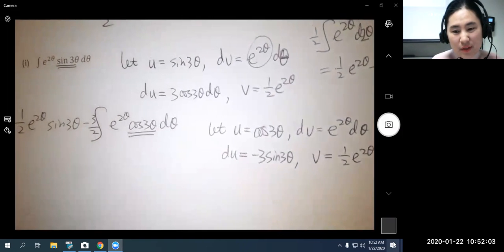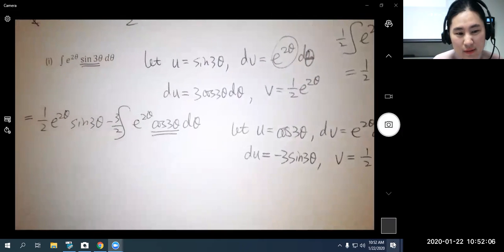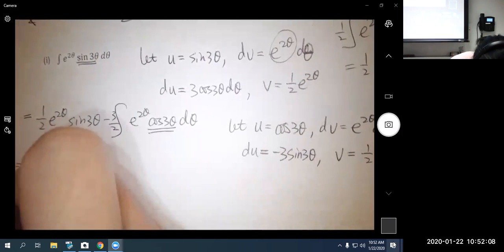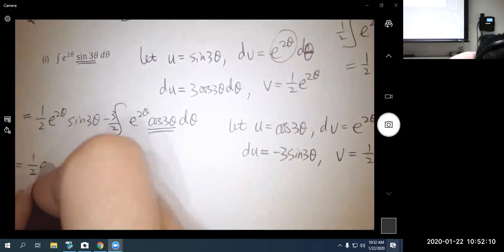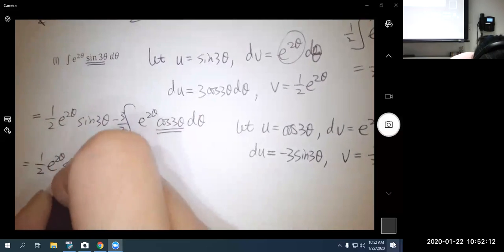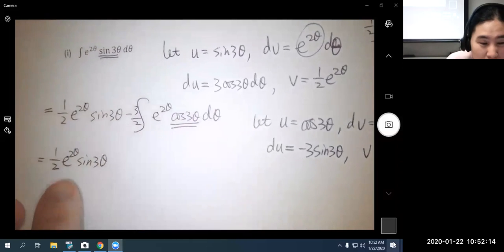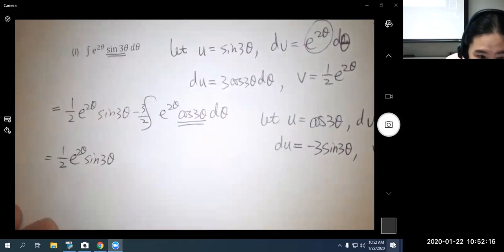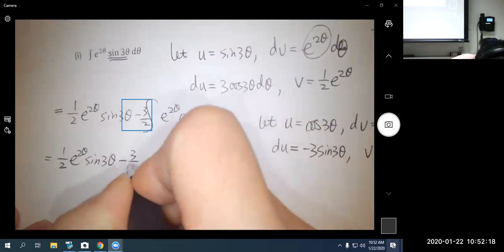Now use integration by parts again. 1/2 e to the 2 theta sin of 3 theta, we still copy that, and the minus 3/2, we still have to copy that.